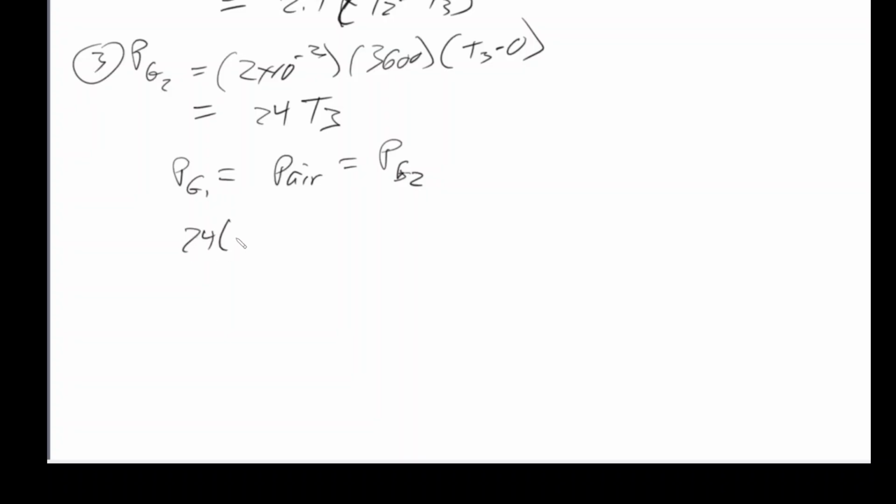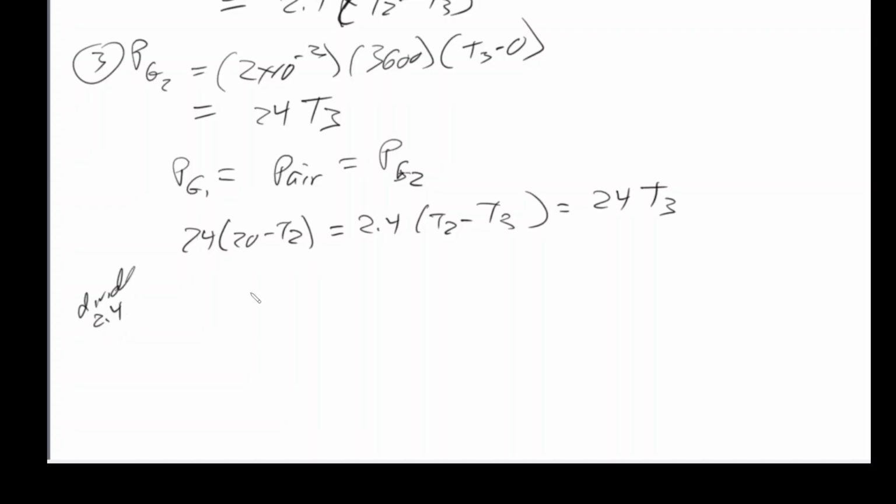Pg1 is 24 times 20 minus T2 has to equal 2.4 times T2 minus T3 has to equal 24 T3. And let's divide it all by 2.4. We get 10 times 20 minus T2 equals 1 times T2 minus T3 equals 10 times T3.